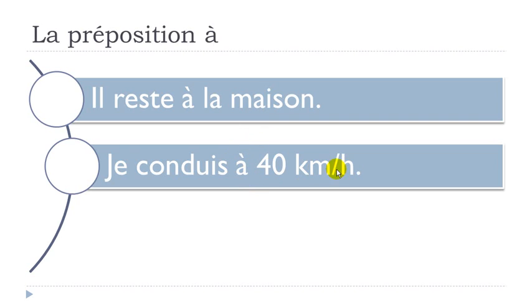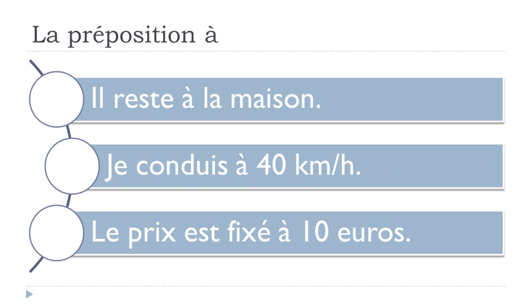So, at 40 km/h. Je conduis à 40 km/h. And the last example for this at is for the price, like here, à 10 euros. Le prix, the price, est fixé à 10 euros. In that case, it would be translated by at, but in French we would use this à.